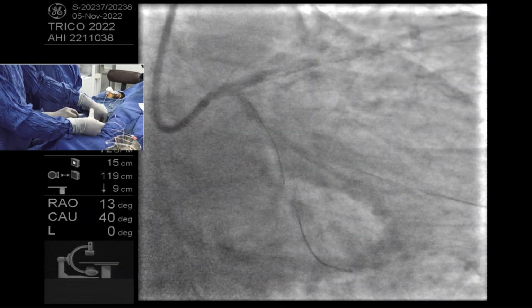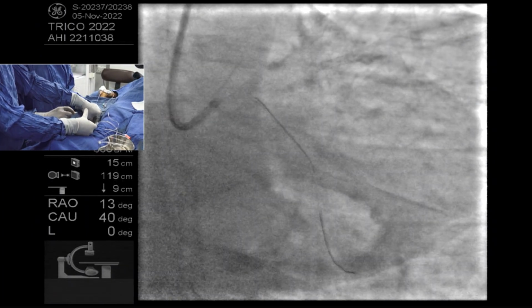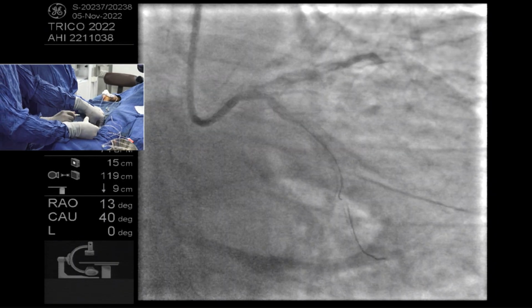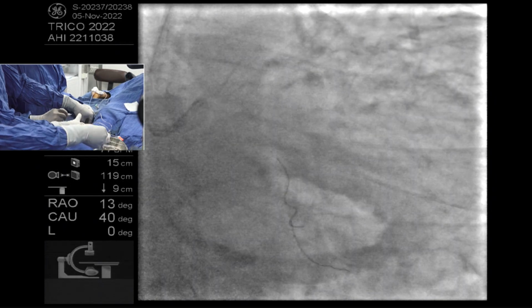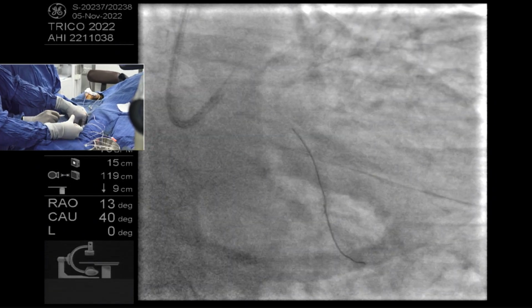So I think we're exchanging wires here. Yep. One of the questions from you guys, I'll ask Dr. Akasaka: your thoughts on OCT of this caliber left main, is it possible?